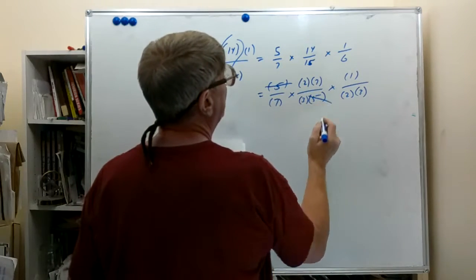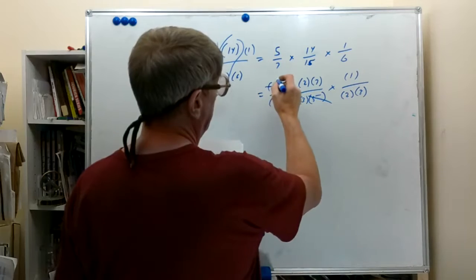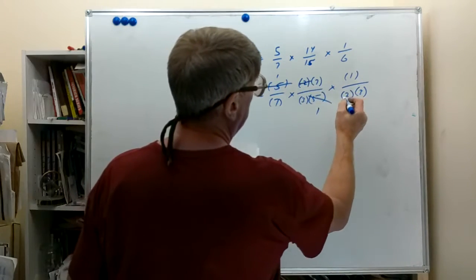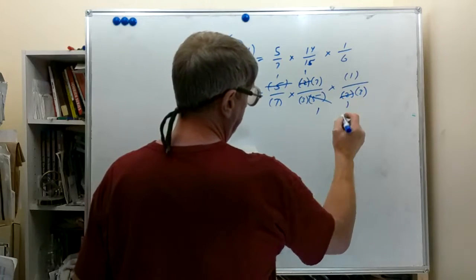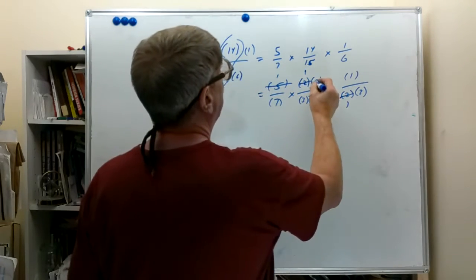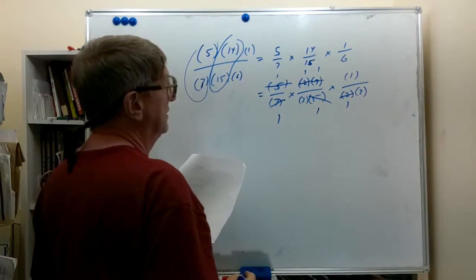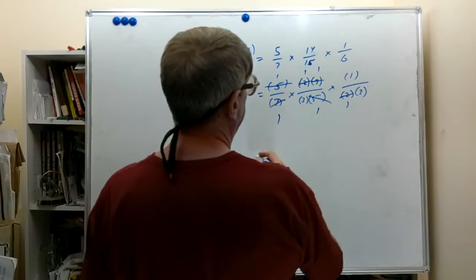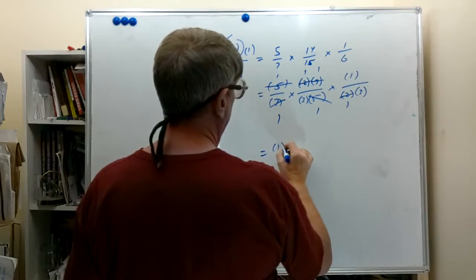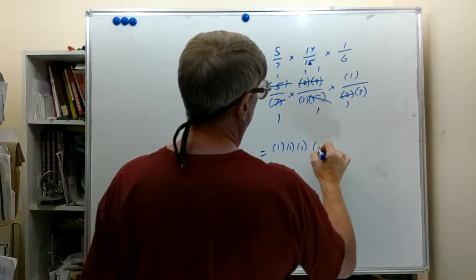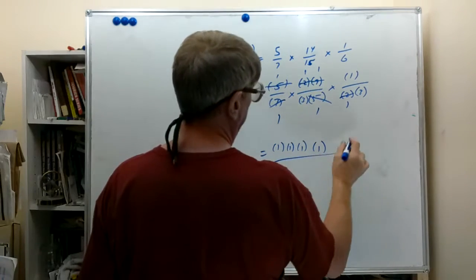So we can cancel factors 5 and 5, and we can replace them with 1. The 2 and the 2 can cancel, we replace them with 1. The 7 and the 7 can cancel, replace them with 1. So what have we got left? On the top we have 1 times 1 times 1 times 1, and that's the numerator.